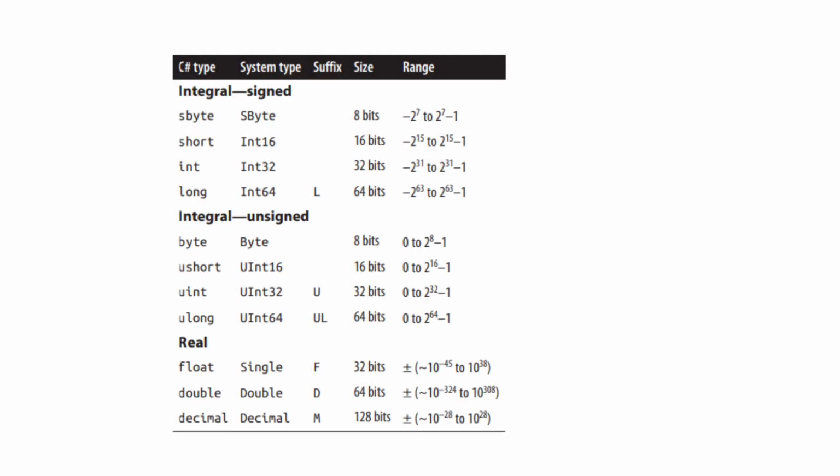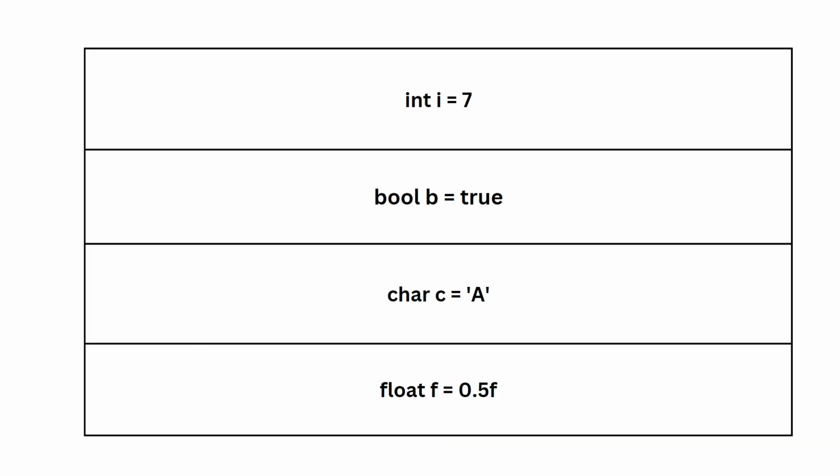Here you can see some examples of the data types. Int16 has the size of 16 bits, Int32 has the size of 32 bits, Int64 has the size of 64 bits, and according to that, unsigned and real values are also used in the C# language.